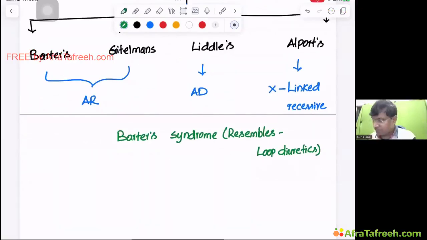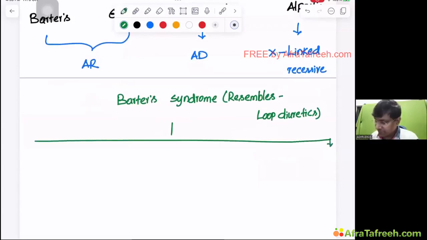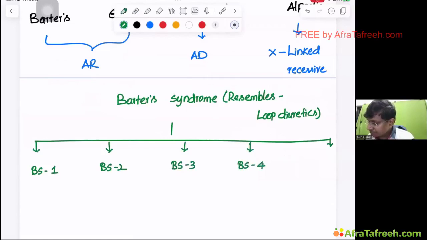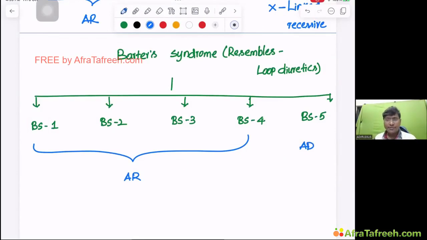The subtypes of Bartter that we have are Bartter syndrome 1, 2, 3, 4, and Bartter syndrome type 5. So out of these, 1 to 4 are autosomal recessive type of inheritance, and type 5 is autosomal dominant type of inheritance.